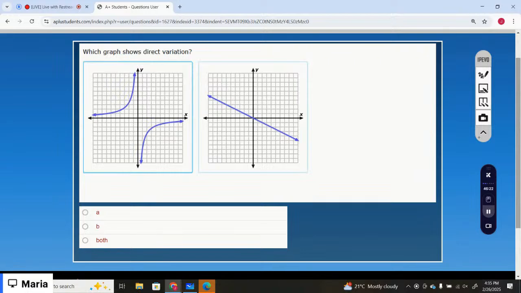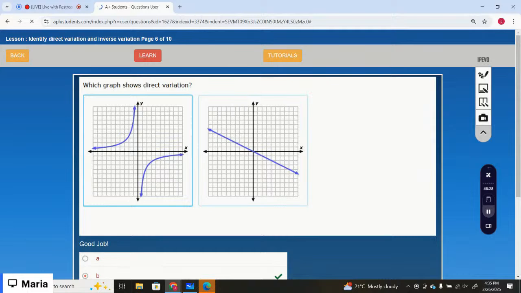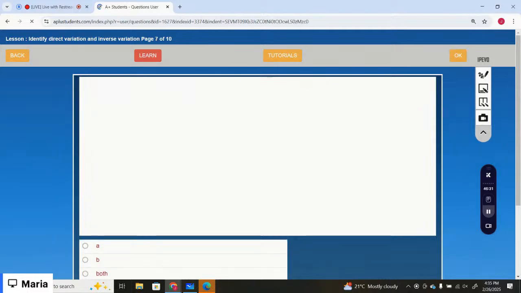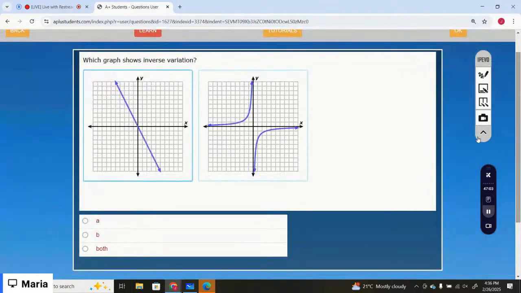Option number B shows the direct variation. Which graph shows inverse variation? B is the correct option.